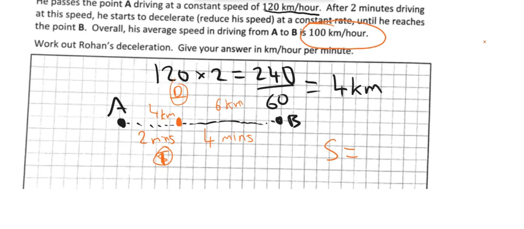We can get that by doing 6 over, and I'm going to keep this in hours, so 6 over 4 over 60. So 6 divided by 4 over 60. You can put that in the calculator if you want. You should get 90 kilometers per hour.